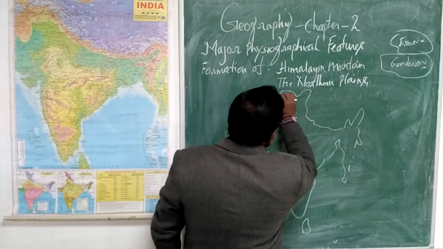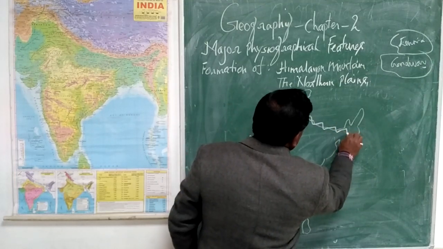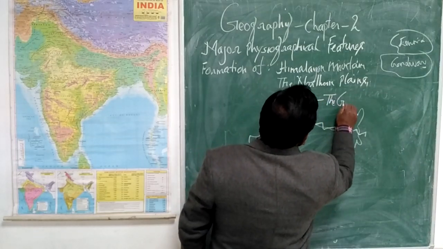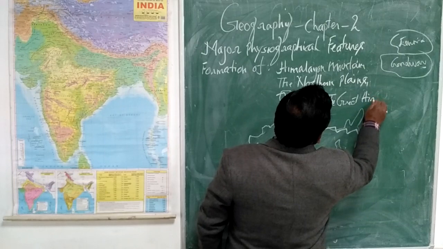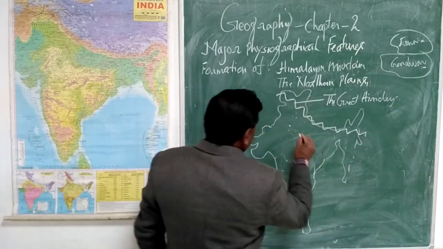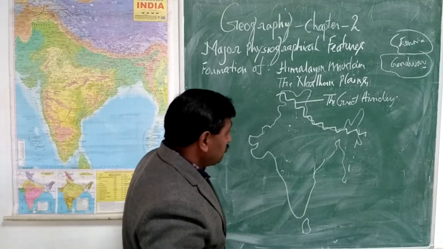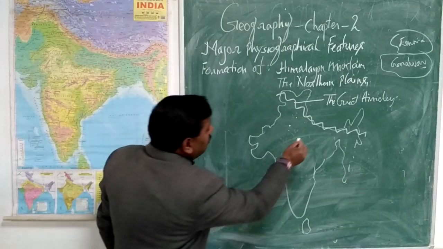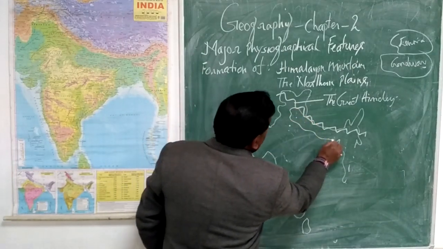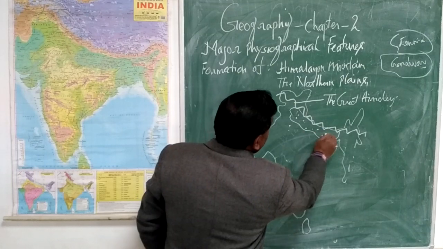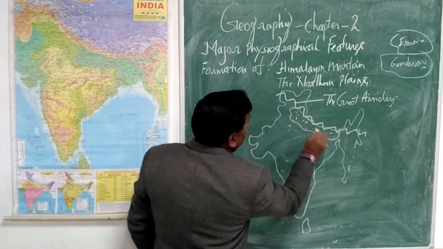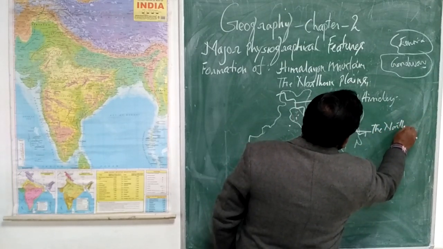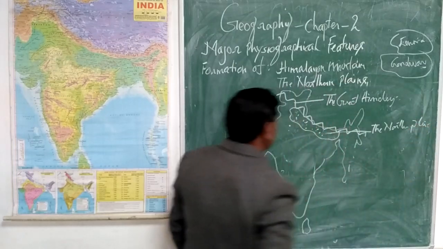You know that this is the Greater Himalayas. If you have understood the formation of the Great Himalayas, you can understand the formation of the northern plains. These are the northern plains.